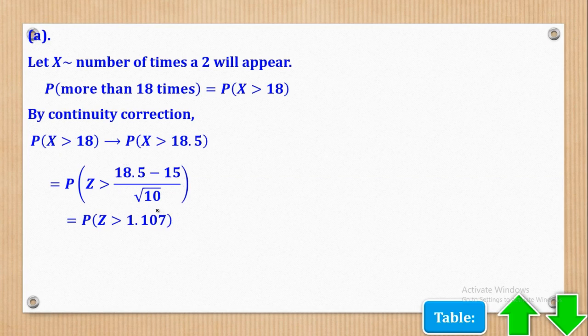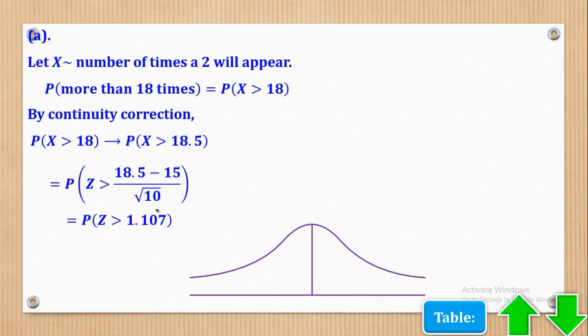But before we use tables, we shall first make a sketch of the normal curve. So first of all, that is 0. Then we shall locate this 1.107. Then we shall shade this inequality of z greater than that. So what does that mean?